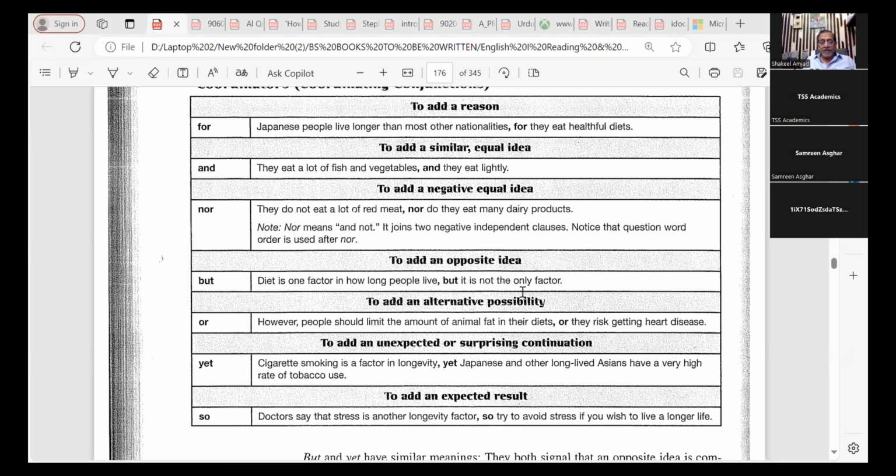So but gives an opposite idea to the first one. Or, alternative possibilities: however, people should limit the amount of animal fat in their diets, or they risk getting heart disease, right? Or is an alternative possibility.